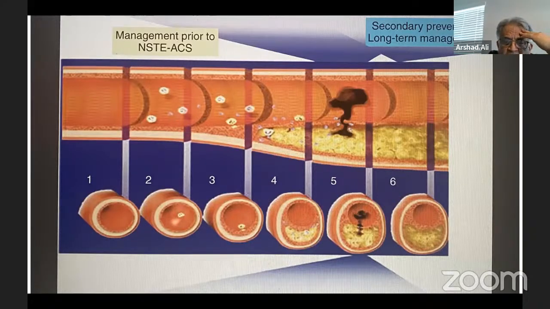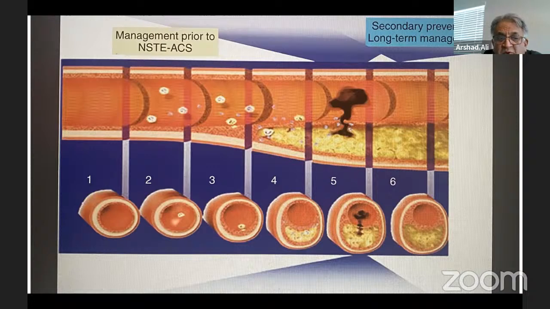Next paragraph. This diagram basically starts with the normal artery and goes all the way to the artery with significant atheroma. The very first thing that happens in the vascular structure and function when atherosclerosis develops is endothelial dysfunction.